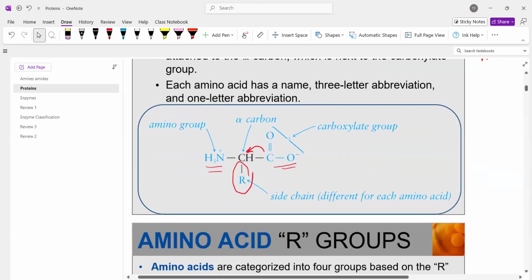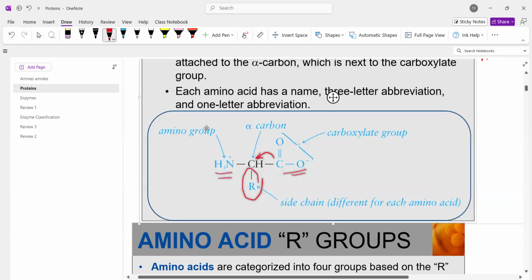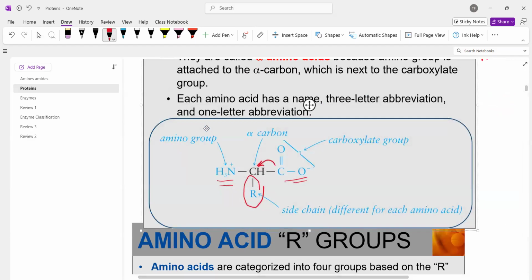Okay, so we're looking at alpha carbon. Now the R can go from H all the way to very, very complex structures.